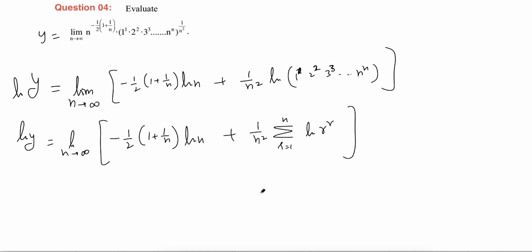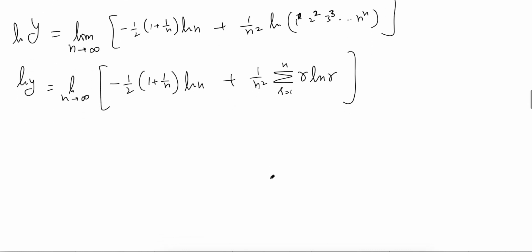Did you understand the step? ln r power r, I can write r ln r. But I am interested in the r by n. So here is a problem, little bit.